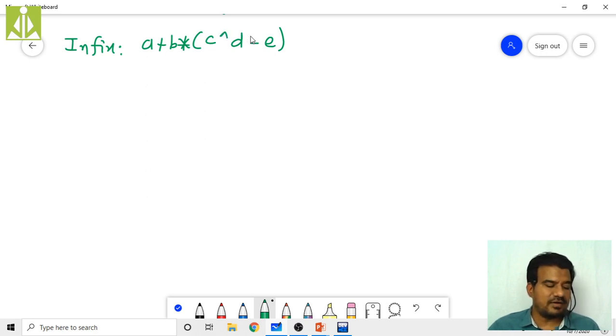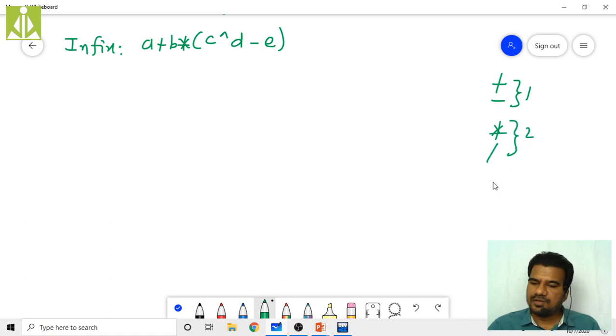So generally in our terminology, if we consider the plus sign and minus sign, they will have equal precedence, that is 1. So forget about that precedence table, because not all the operators we are going to use. We are going to use these things only. So plus minus we consider the precedence as 1, then multiplication division we consider the precedence as 2.